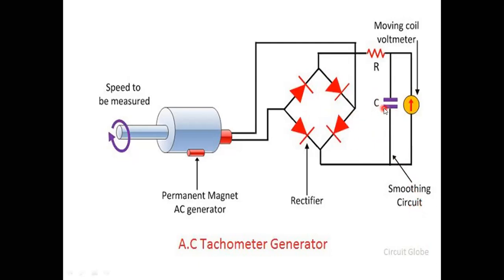It may be a capacitor filter or an inductive filter. If I use a capacitor filter, I have to place the capacitor in parallel with the load. If I am using an inductive filter, I have to use the inductor in series with the load.